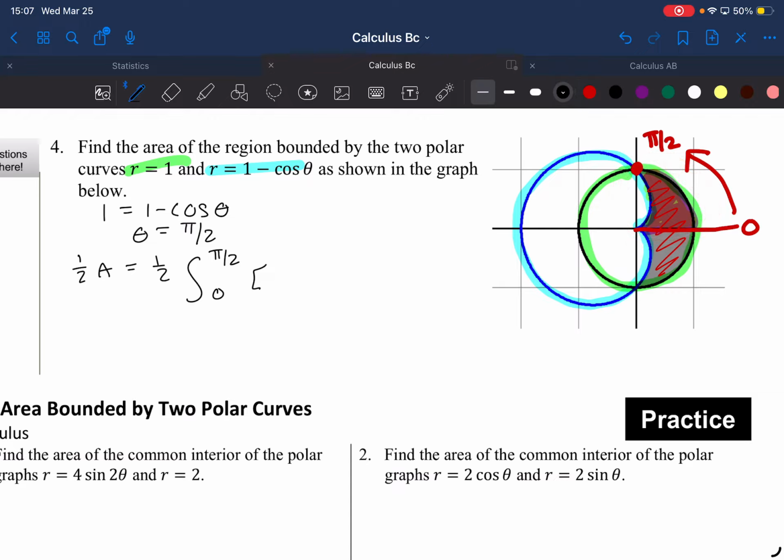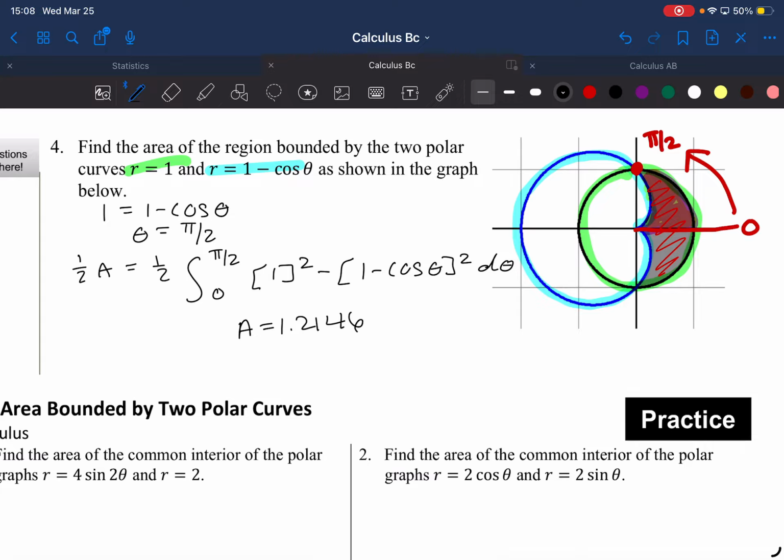So I'm going to do 1 squared minus the other one, 1 minus cosine theta squared d theta. That's the hardest part. It's determining, make sure you're doing the correct outside function minus inside function always. Okay. And so when you solve this, you'll get half the area. You take that value, you multiply it by 2, and you get area is equal to 1.2146.